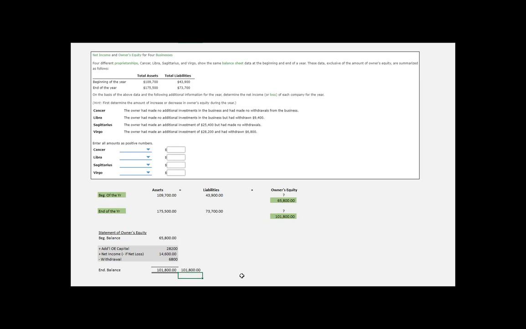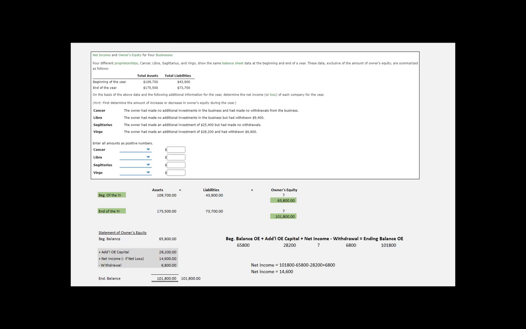That's correct. An easier way might be to lay out the statement of owner's equity formula horizontally as seen here. And then you solve for the unknown net income.